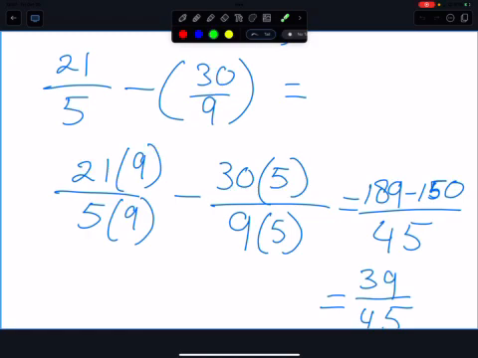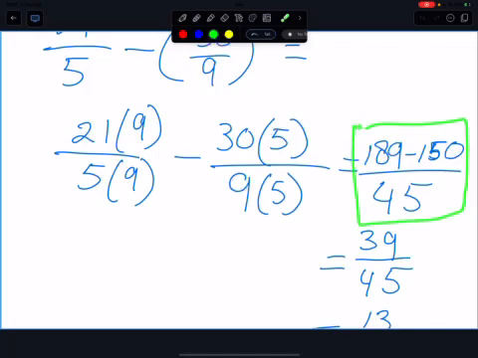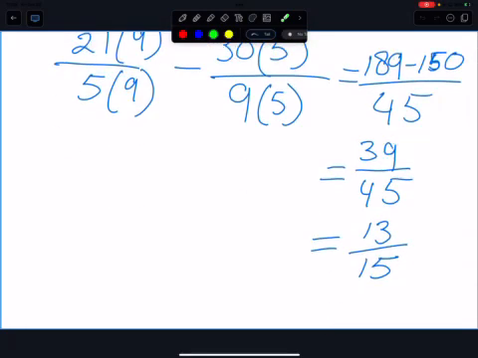Lowest common multiple of 5 and 9 is 45. So I multiply 21 with 9, and I multiply 30 with 5. Then I shall receive the answer of 189 subtracting 150, which in turn gets to 39/45, and you have to simplify, which in turn becomes 13/15.